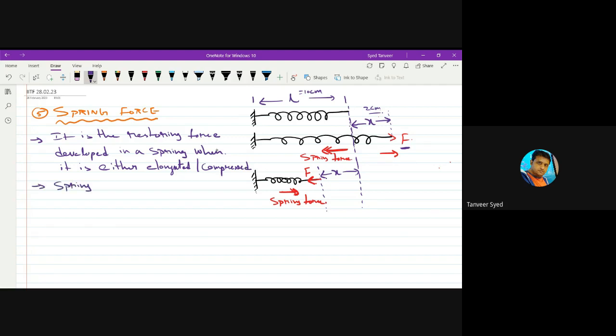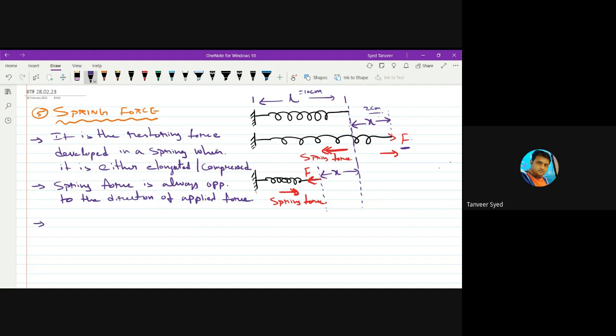Next point is, spring force is always opposite to the direction of applied force. Okay.